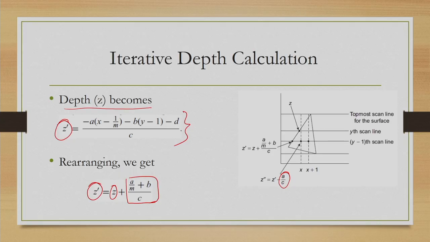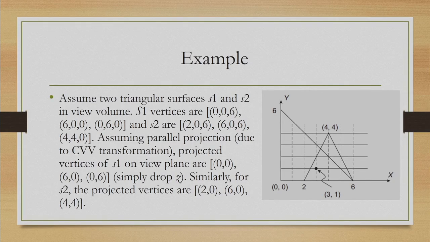Let us try to understand this algorithm with an illustrative example. Let us assume there are two triangular surfaces S1 and S2. Clearly, they are in the view volume. Now, vertices of S1 are given as these 3 vertices, S2 is also given as these 3 vertices.